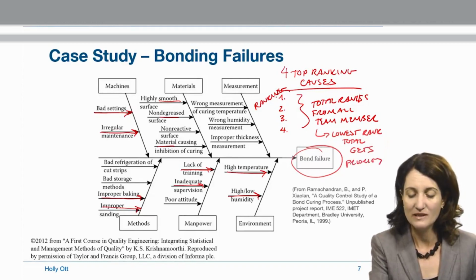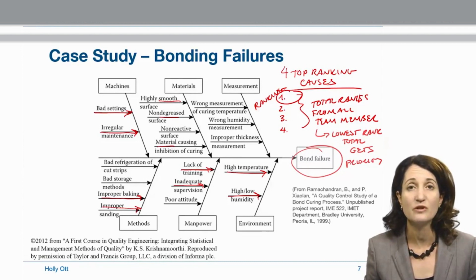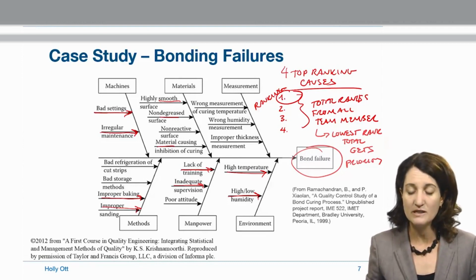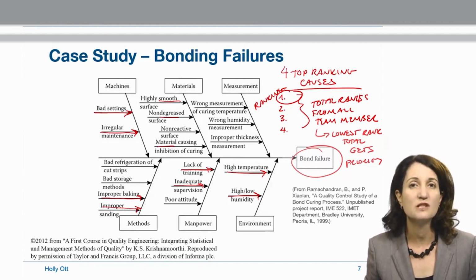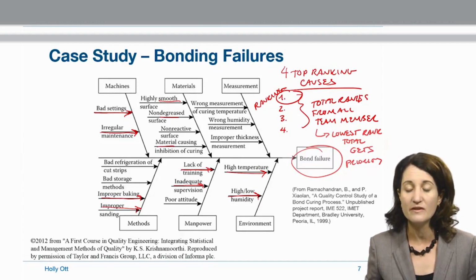So obviously the ones that are ranked number 1, that's the low number. So the cause that was ranked most as number 1 would have the smallest total, and so it will be given the highest priority.